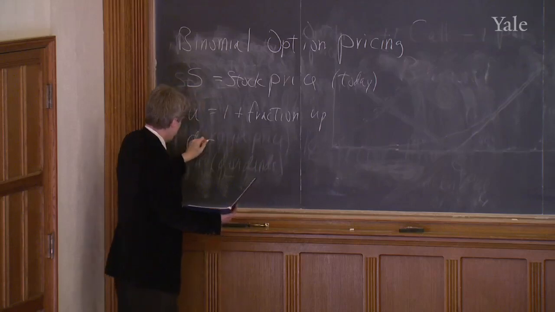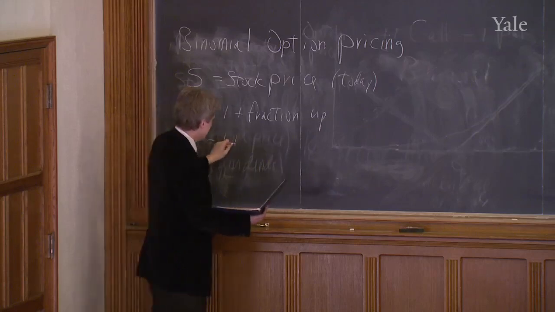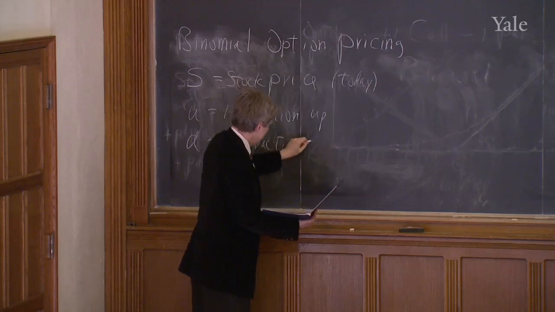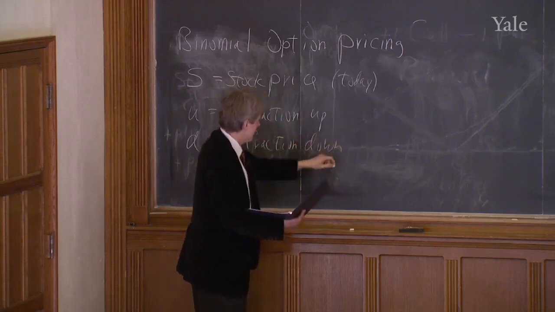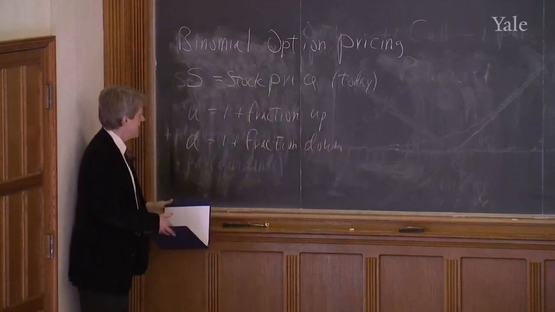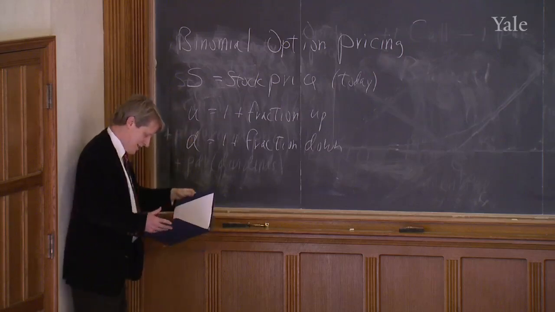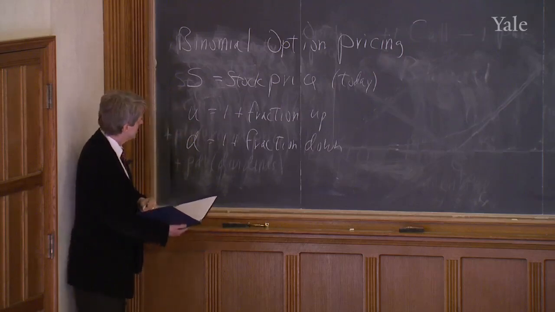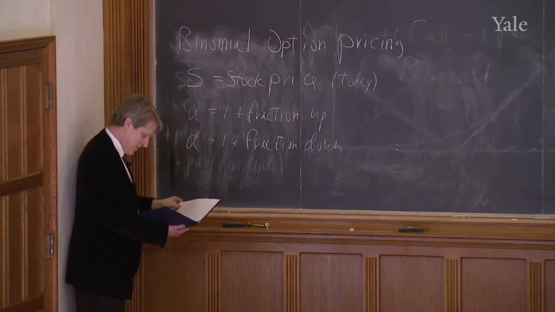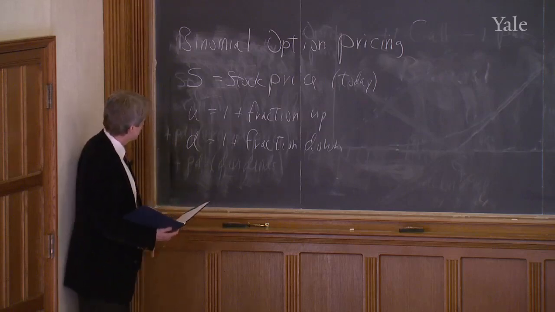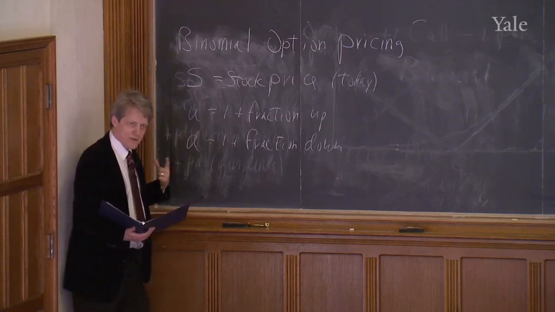And D is down, 1 plus the fraction down. So the stock price either becomes SU, which means it goes up by a multiple U, or it is SD, which means it goes down by a multiple D. And that's all we know, okay?